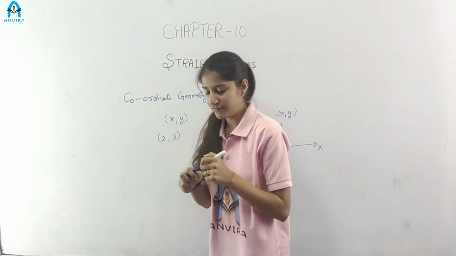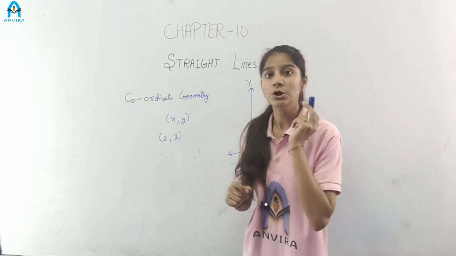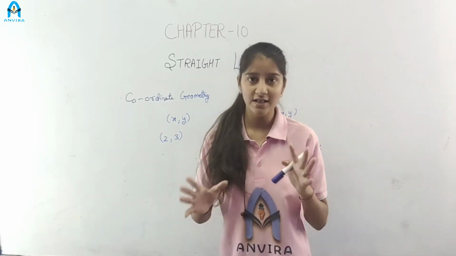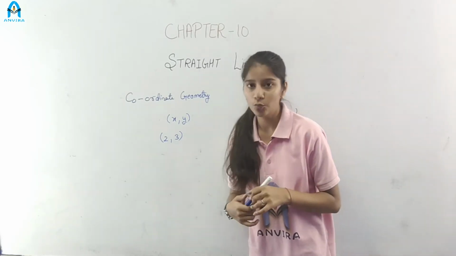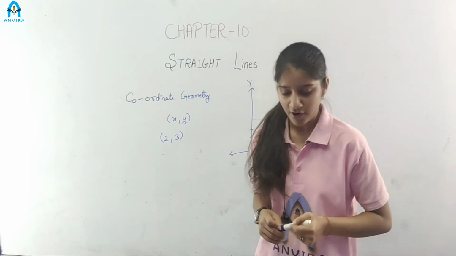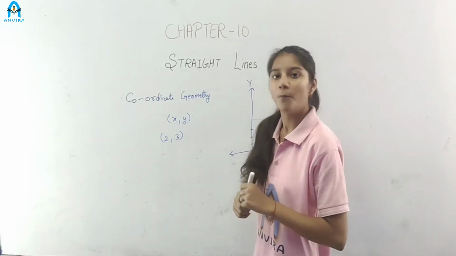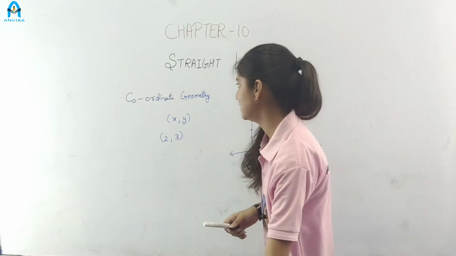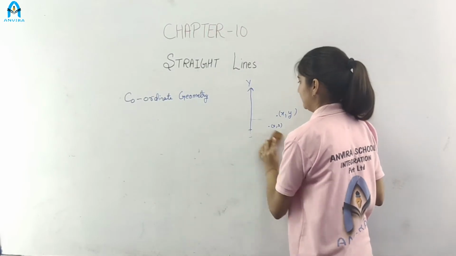After location, we have already studied the distance between 2 points on a Cartesian plane, the length of a line, the area of triangles, and how we find the collinearity of points. So let us start from the basics, that is, the distance between 2 points.